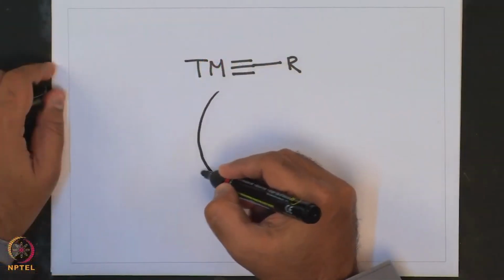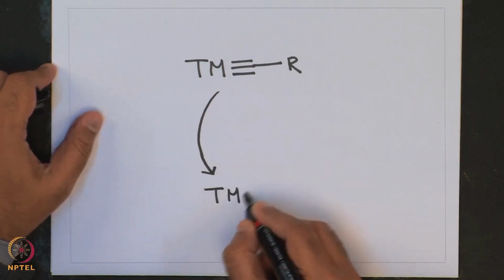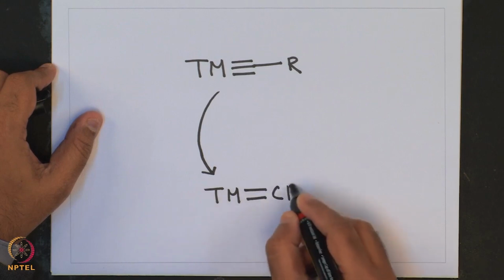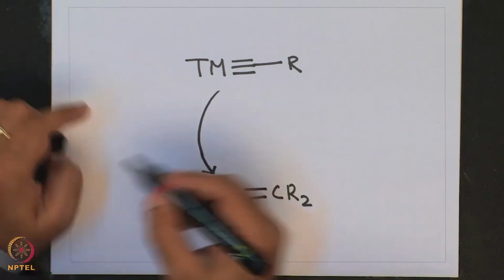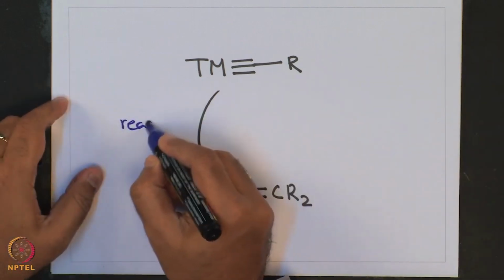We saw that these transition metal carbyne complexes add nucleophiles and undergo other kinds of reactions, for example, reductive coupling and so on, as a part of the reactivity study, and what one ends up with is the formation of transition metal carbene complexes. So, these were part of the reactivity studies that we had seen.